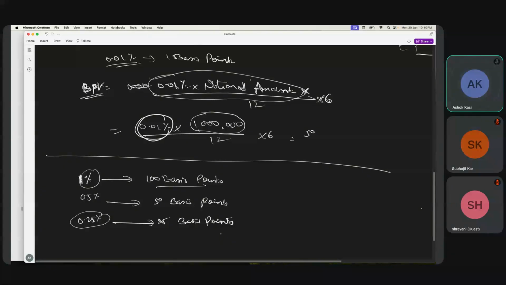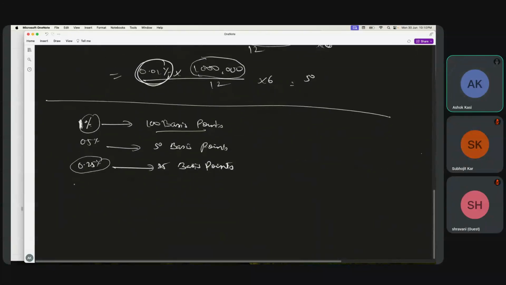So similarly here also, let's say 0.10 percentage is 10 basis points, and then 0.01 percentage is 1 basis point. This is also in fact highly used in currencies as well, because there also the movement happens highly. They are dealing with millions and billions of dollars, right? So there also a slight change in the currency will make a huge difference.